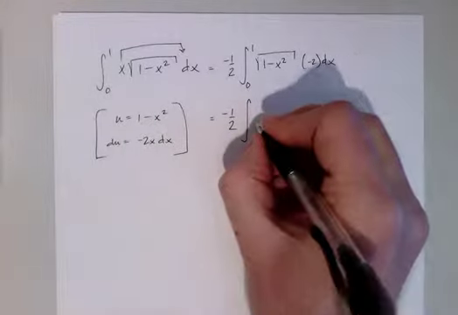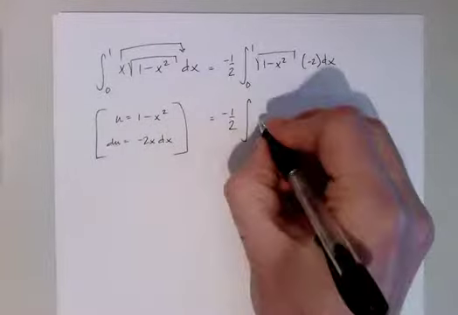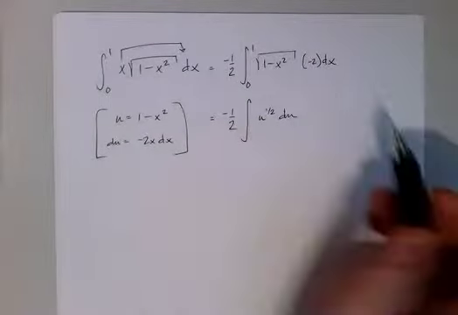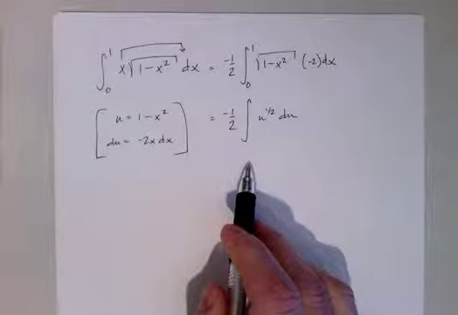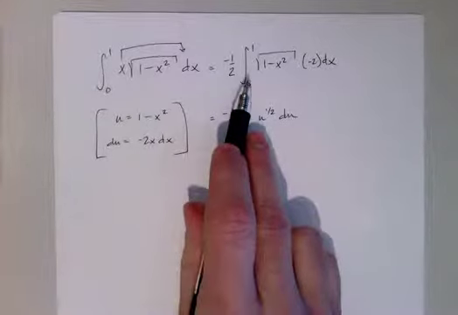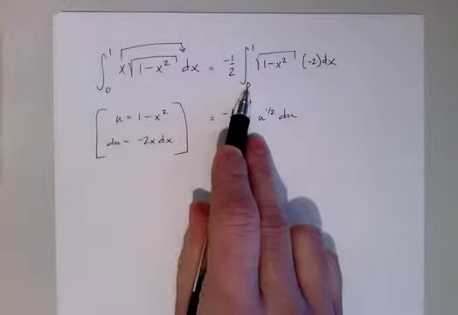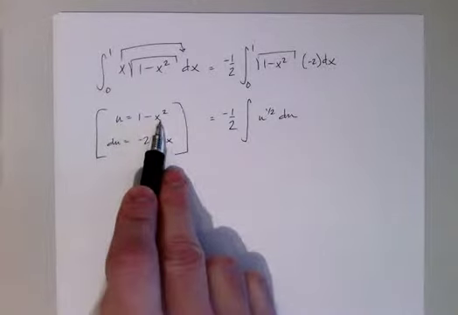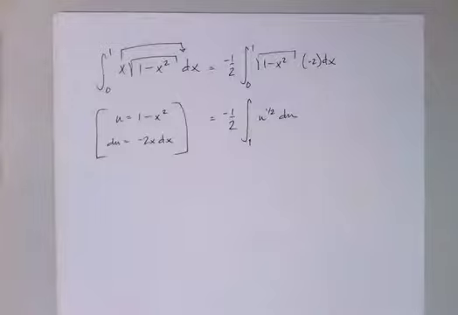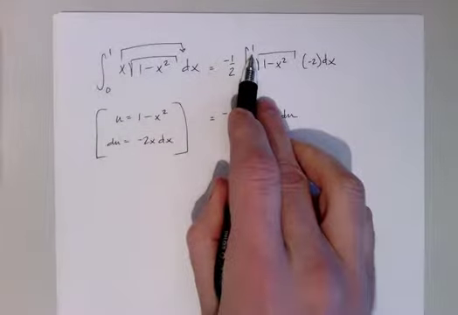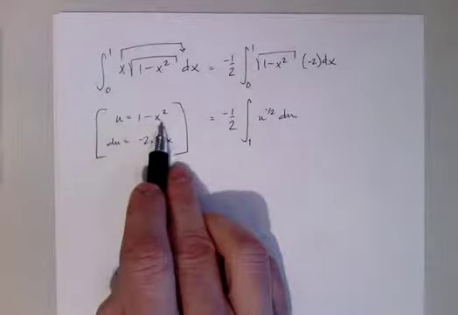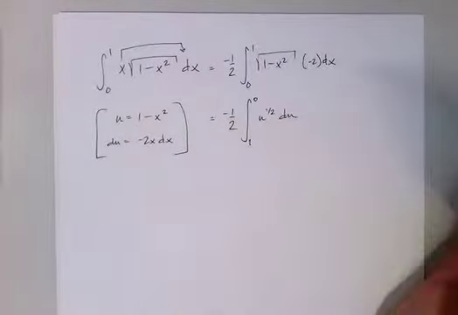So I know that radical right here becomes u to the 1/2, and that becomes du. And you just need to ask yourself a simple question. When x is equal to 0, what's u equal to? Well, 1 minus 0 squared, or 1. When x is equal to 1, what is u equal to? 1 minus 1 squared, or 0.